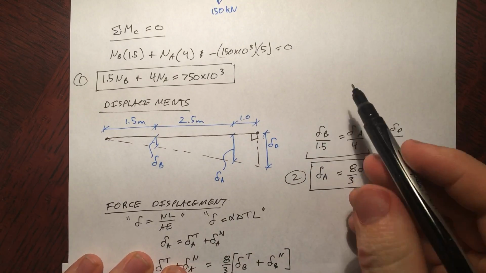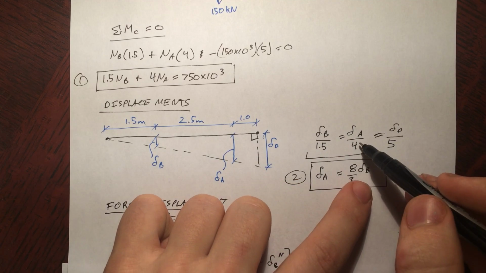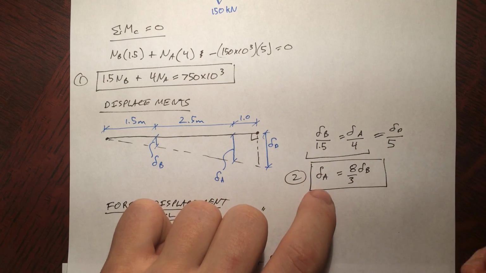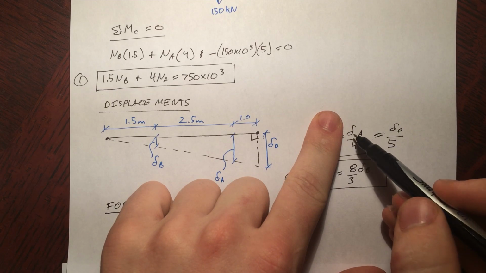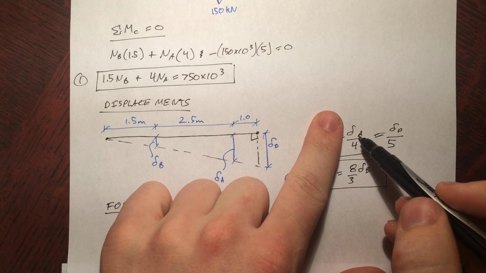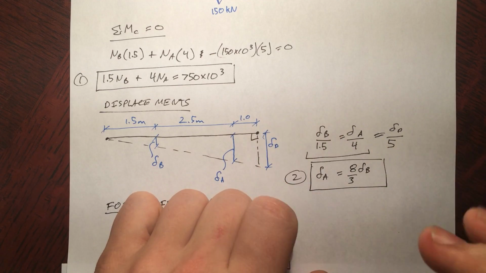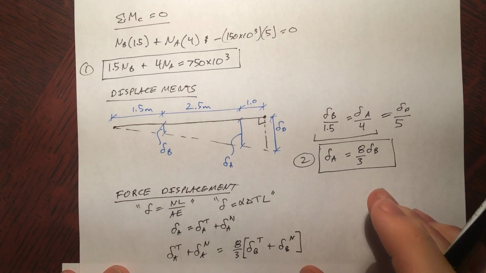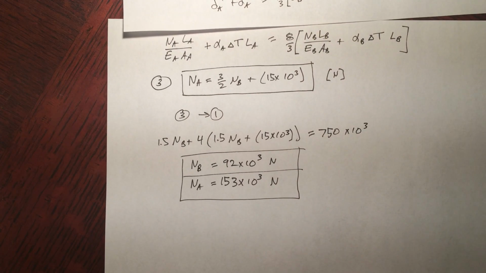Because we know that delta D is equal to delta A by 4, and delta D is equal to delta B by 1.5. So really, we could just say delta A is N L over A E plus the thermal effects, and then it's equal to delta D. So we really only needed to do normal A or normal B. But this way, you have some variety. I'm just going to choose to use this one here.